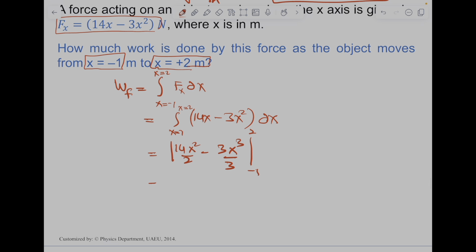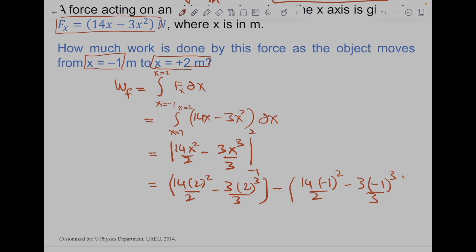So you put in the values: 14 times 2 squared divided by 2 minus 3 times 2 cubed divided by 3, then minus the value at -1, 14 times (-1) squared divided by 2 minus 3 times (-1) cubed divided by 3.